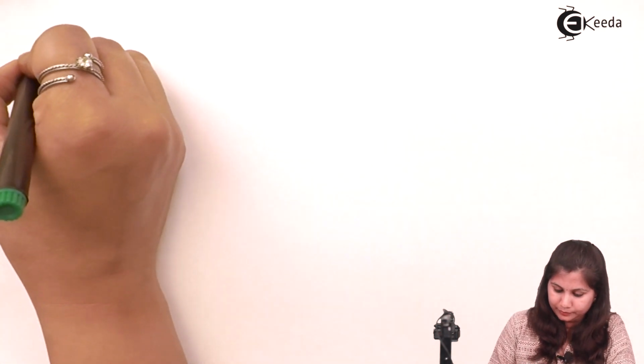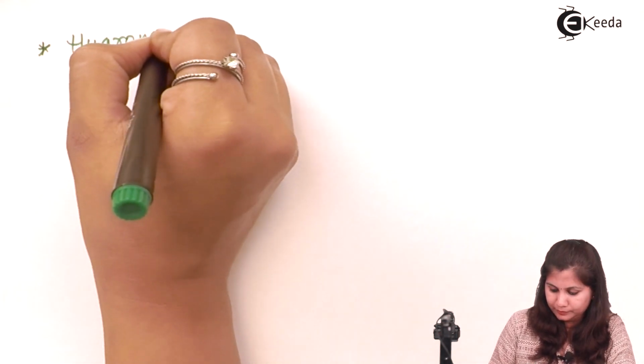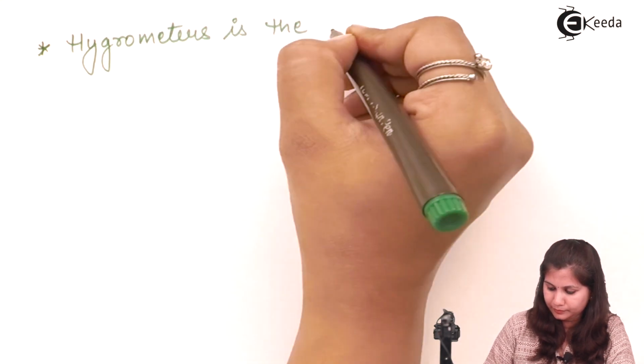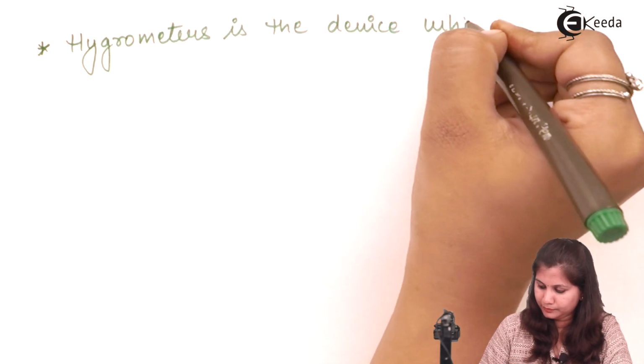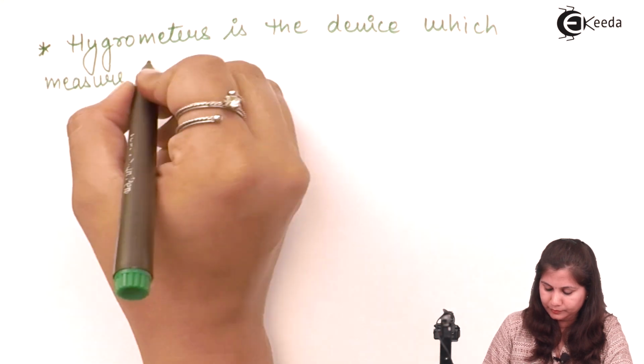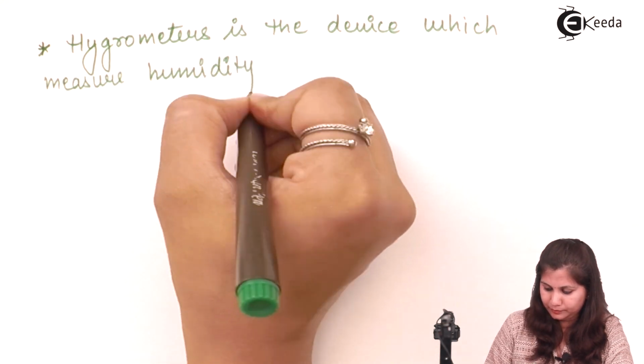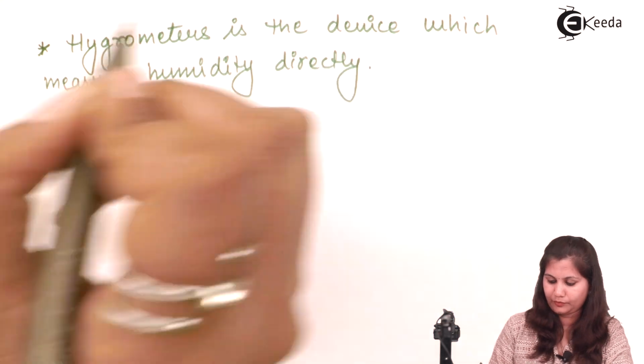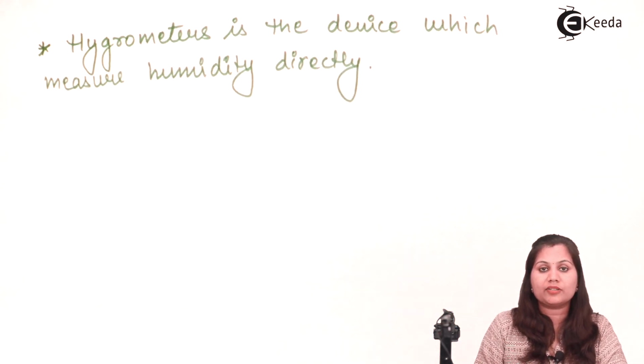The device which is most commonly used for the measurement of humidity is known as the hygrometer. The hygrometer is the device which measures the humidity directly. It gives us the readings of the humidity, and that humidity is the relative humidity of the air.